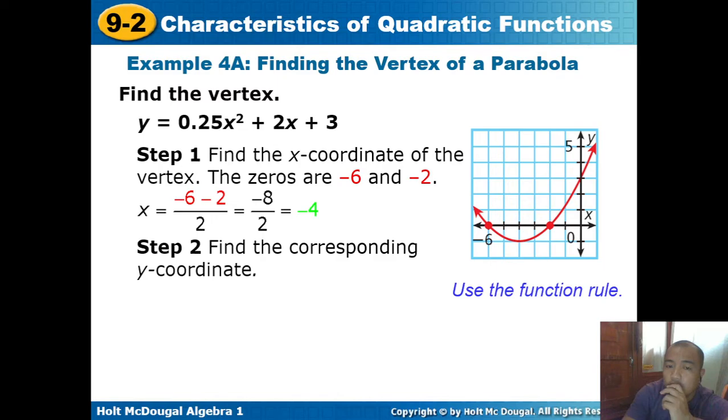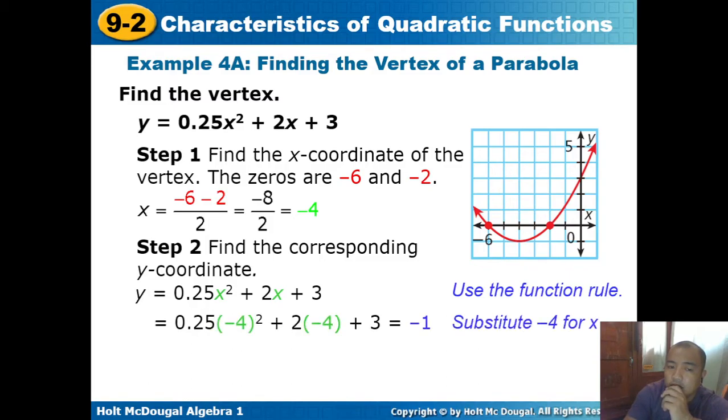Step 2, find the corresponding y-coordinate. Use the function rule. After solving for the value of x, substitute negative 4 for x. The answer is negative 1. Therefore, the vertex is (negative 4, negative 1).